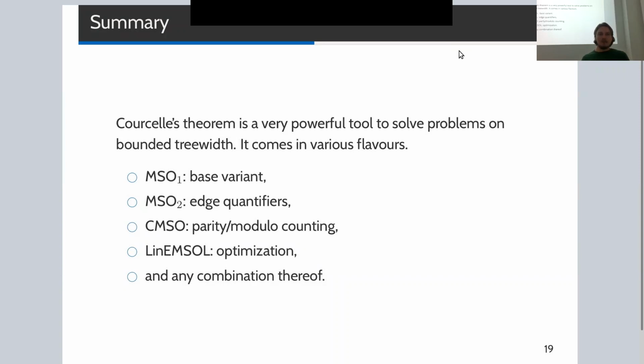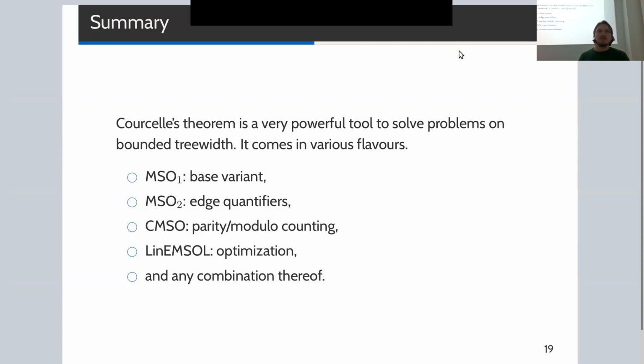And if you are interested in parity constraints, even and odd, then you can consider the logic CMSO, either CMSO1 or CMSO2. So you can mix these things. And you can also do optimization, finding a maximal set that satisfies some formula, using the strangely named optimization logic variant LinMSol. This is the name that they use in the paper. I find the name a bit strange, but this is what you should Google for if you're looking for the right reference.